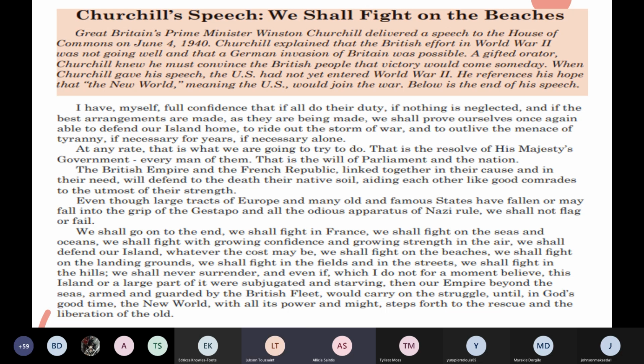And if, which I do not for a moment believe, this island or a large part of it were subjugated and starving, then our empire beyond the seas, armed and guarded by the British fleet, would carry on the struggle until, in God's good time, the new world with all its power and might step forward to the rescue and to the liberation of the old.